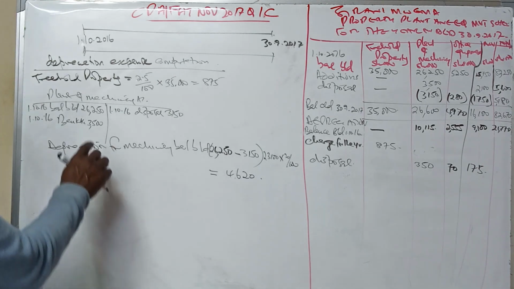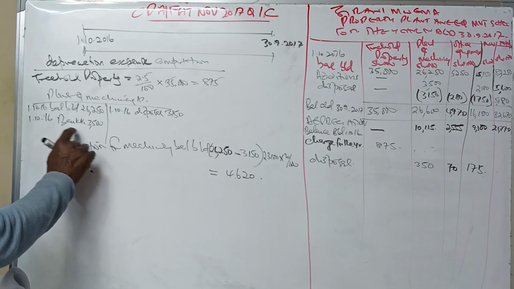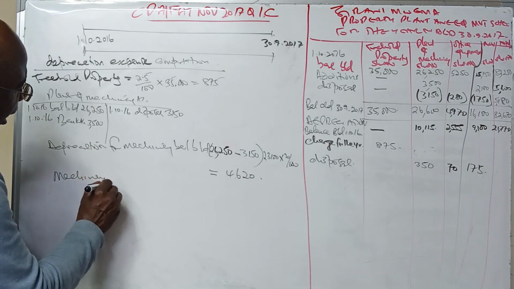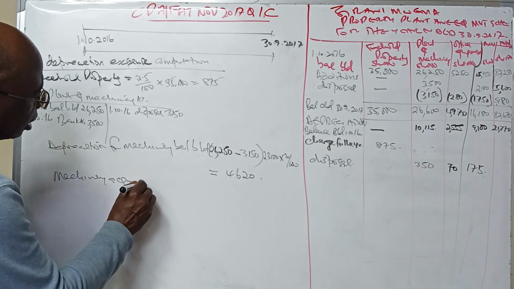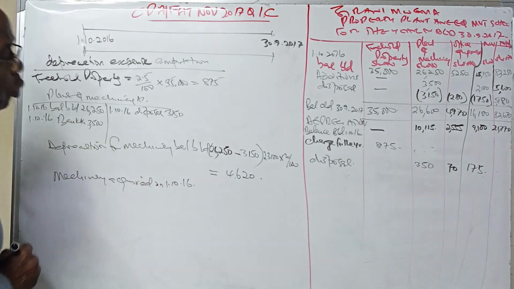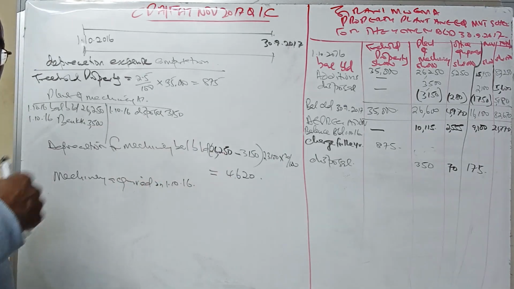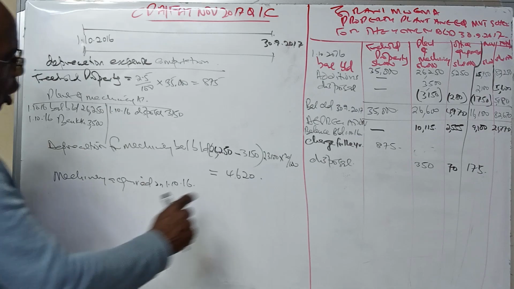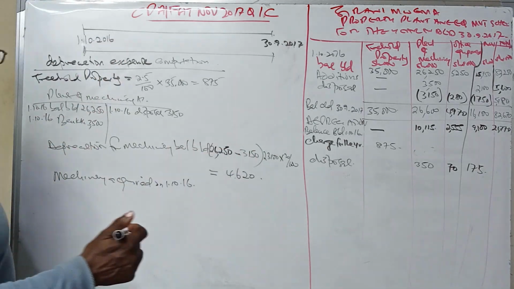And then we also acquired machinery at the beginning of the year. Machinery acquired on 1st of October 2016. We use those machinery through the year, so we charge depreciation at the rate of 20% for the 12 months.